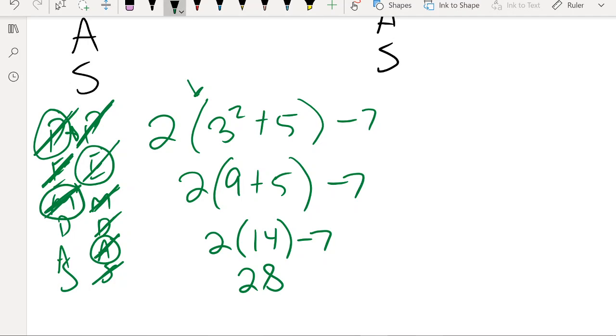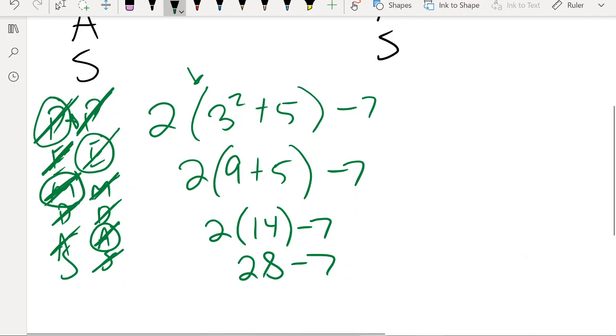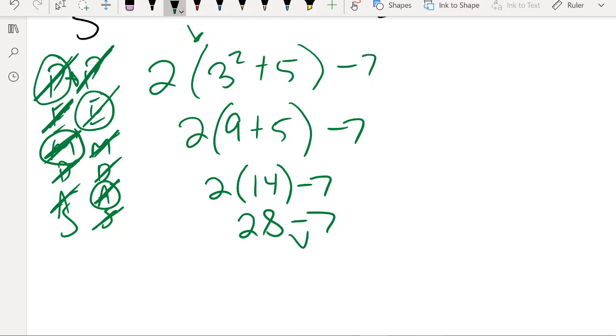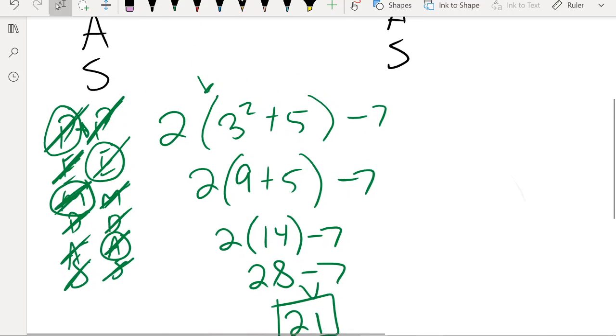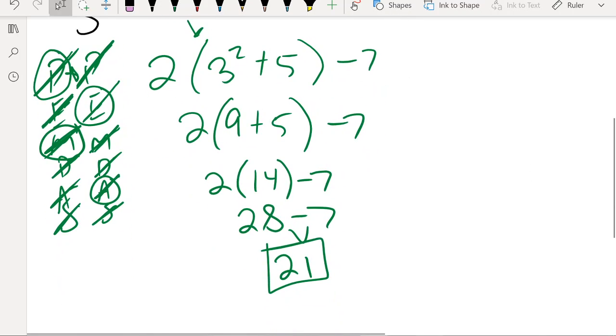Done with that. No dividing. Oh, sorry, minus 7. No dividing, no adding, but I do have a subtraction. So 28 minus 7 is 21. So 21 is the answer. And that's how you do PEMDAS.